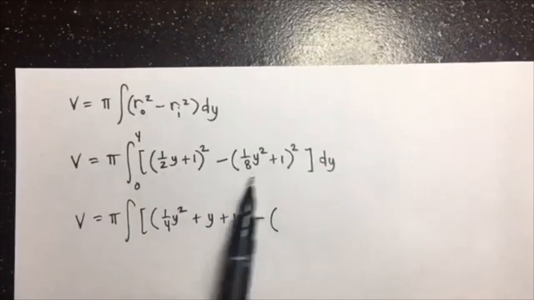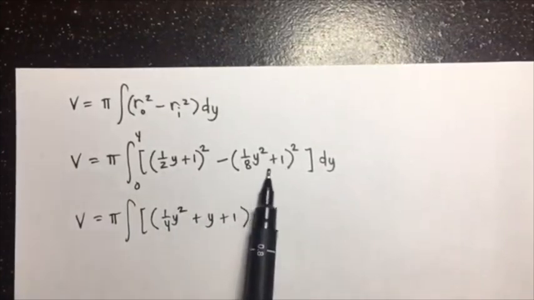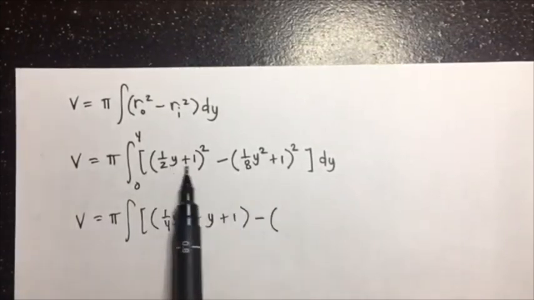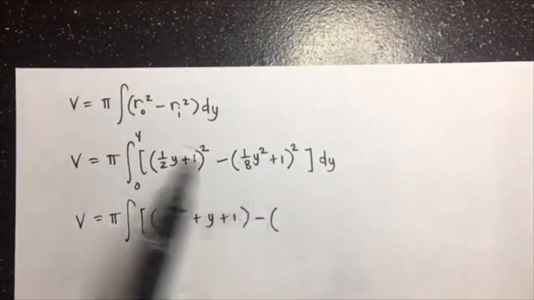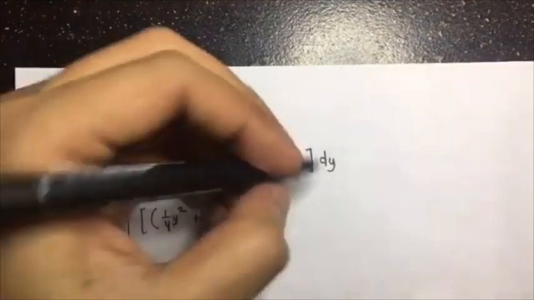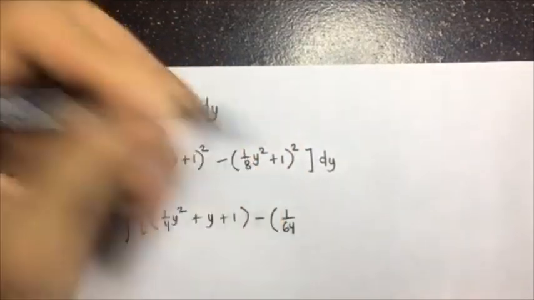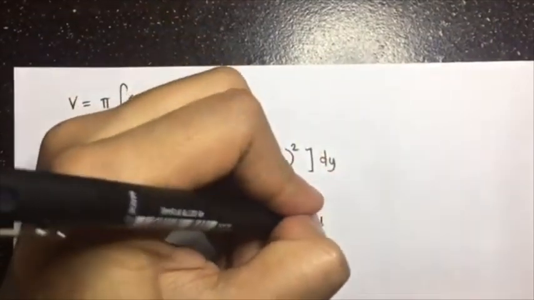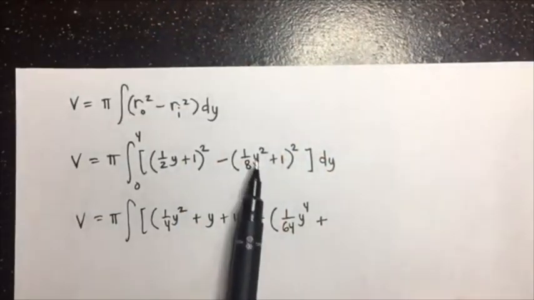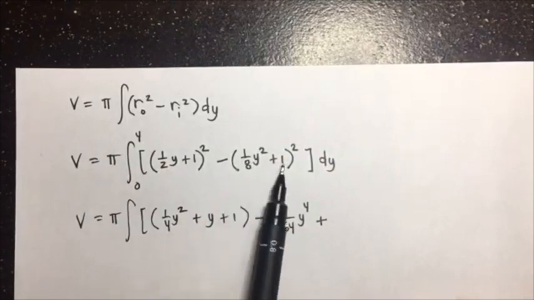We expand this similarly to the first one: 1/8 y squared, and then squared, so that will become 1/64 y to the power of 4 plus 1/8 y squared times 1.